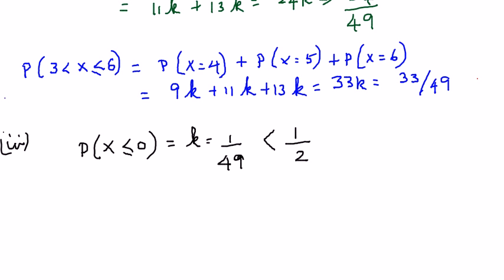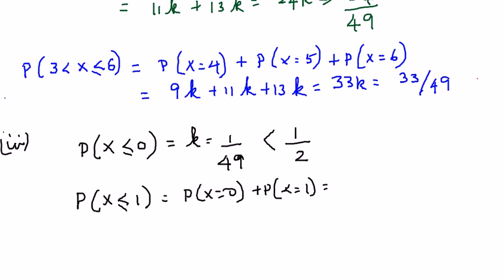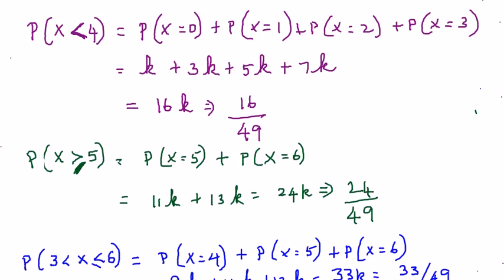Now let's take P(X less than or equal to 1). That is going to be P(X=0) plus P(X=1), so it is going to be k plus 3k, since the value of P(X=1) was 3k.